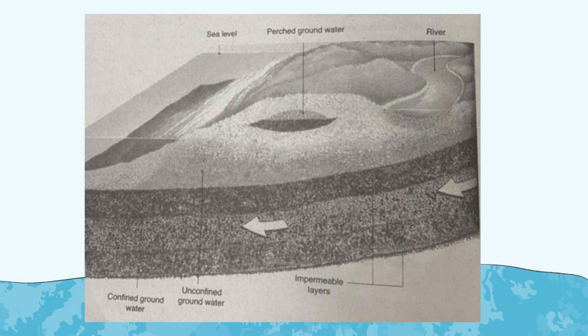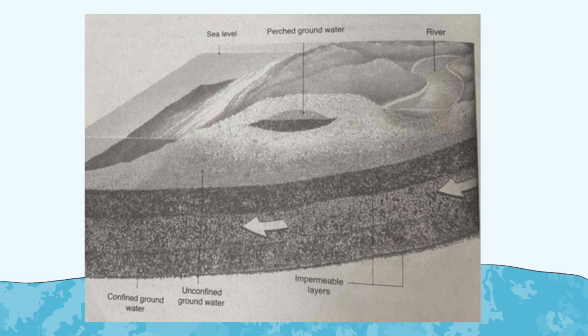Below the surface, there are two layers, which are the confined groundwater and unconfined groundwater. Confined groundwater is trapped beneath impermeable layers of rock or soil. And the unconfined groundwater lies above impermeable layers and can move freely.